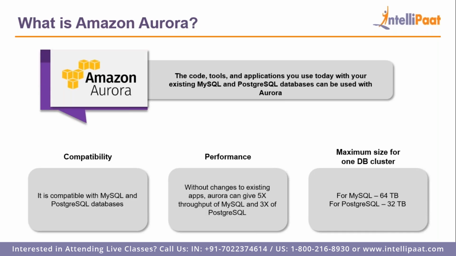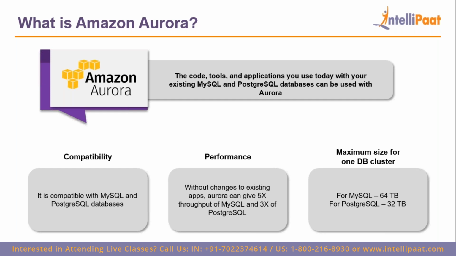So now let us see this. Without changes to existing applications, Aurora can give up to 5x the throughput of MySQL and 3x the throughput of PostgreSQL. In Amazon Aurora, for one DB cluster, in the sense one primary database and its read replicas, you get a maximum size of 64 TB. The minimum would be 10 GB when you create a database.